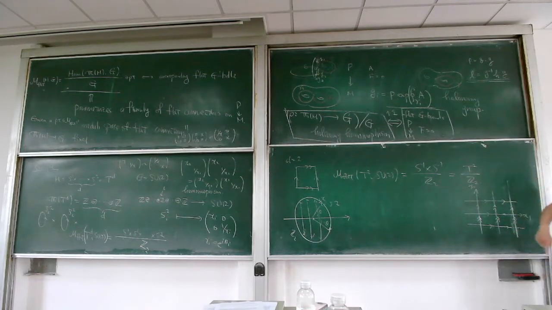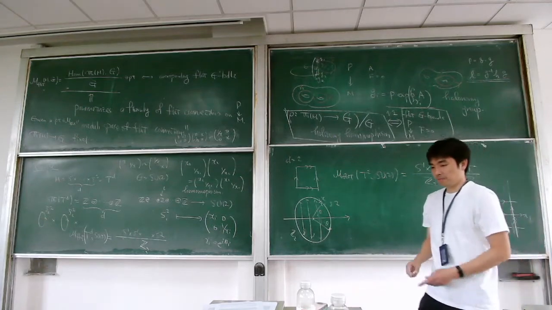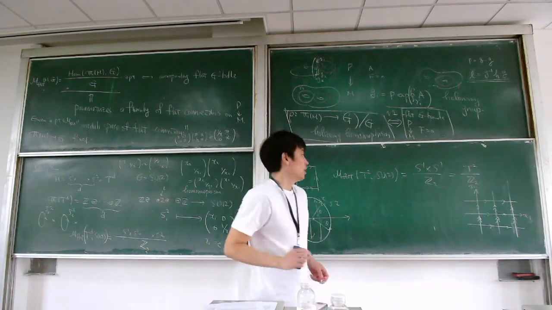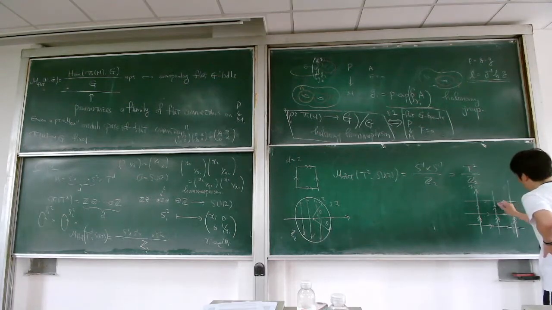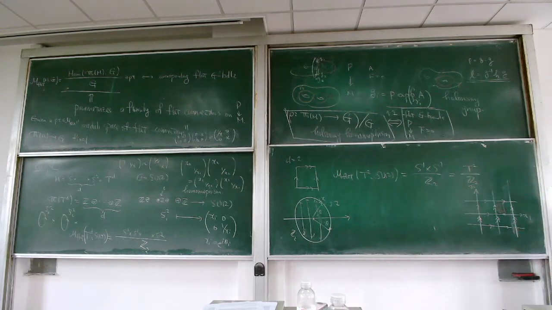Okay? At the end of the day, if you look at this region, this point is identified with this point. So it's always opposite, right? And this point is the same as this point.